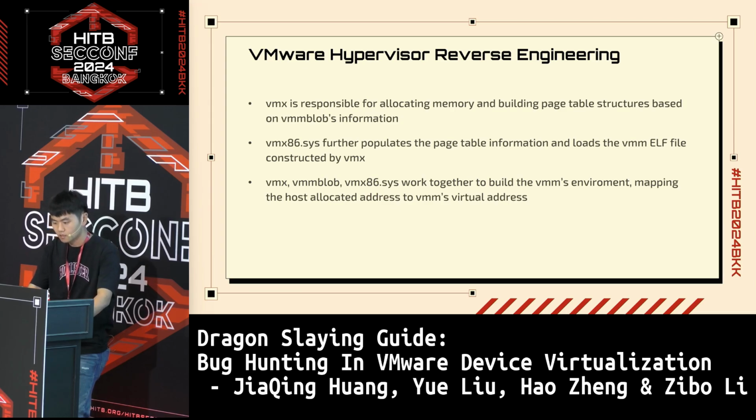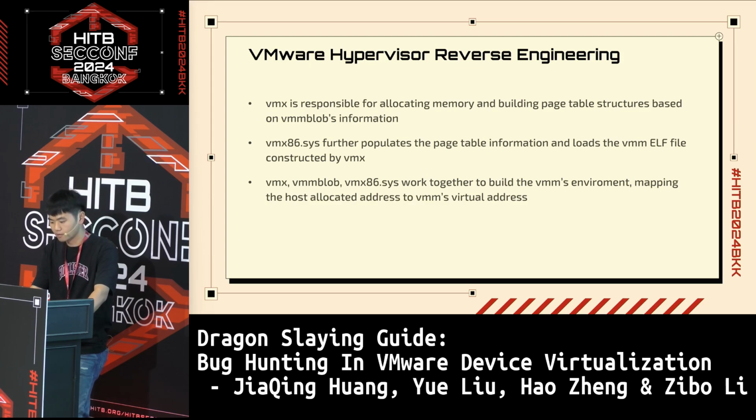Combining this information, VMX allocates the memory and builds page table structures based on the VMM blob's information. The VMX86 kernel module further populates the page table information and loads the VMM file, which is constructed by VMX.